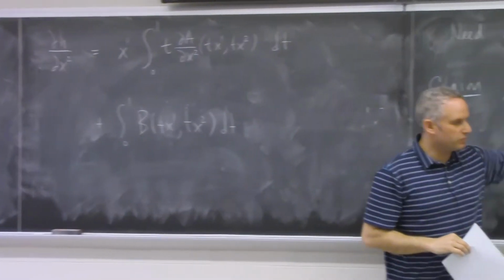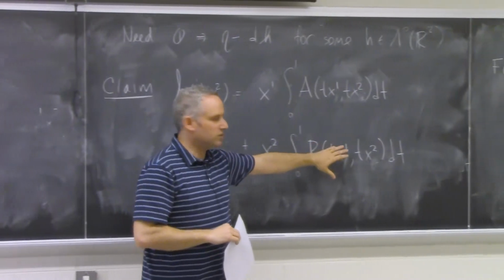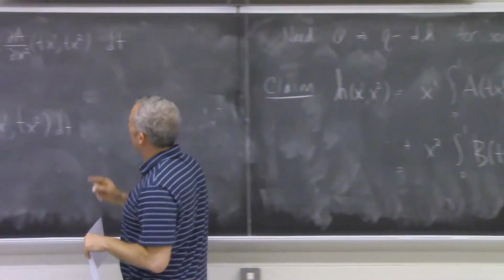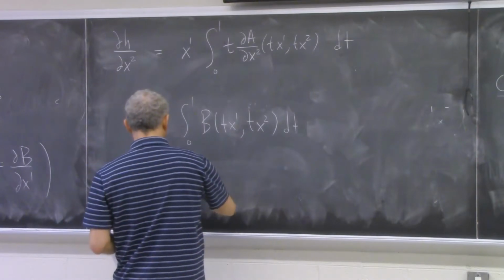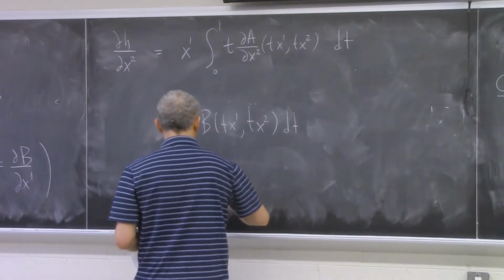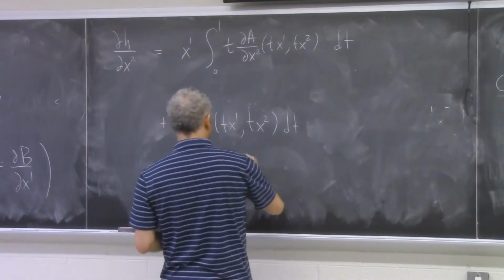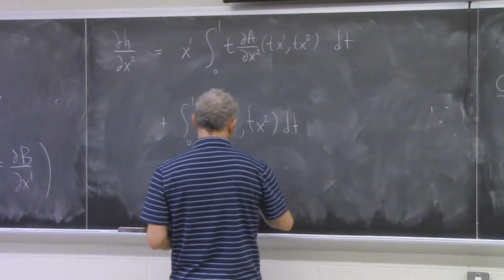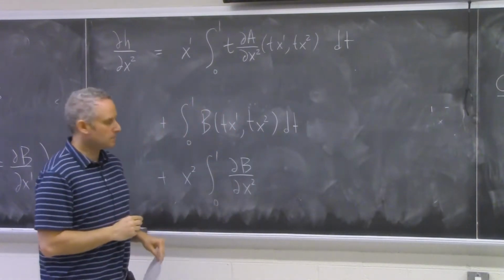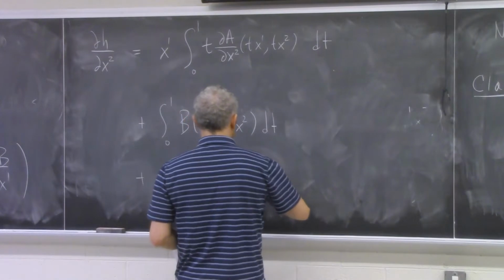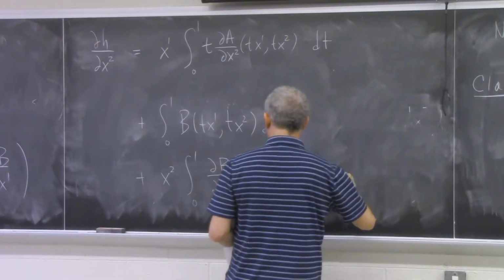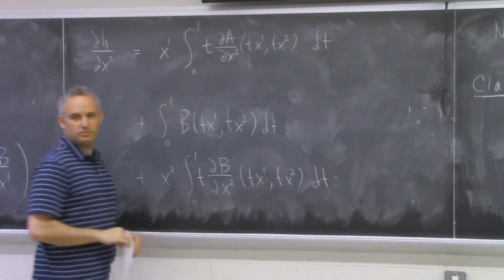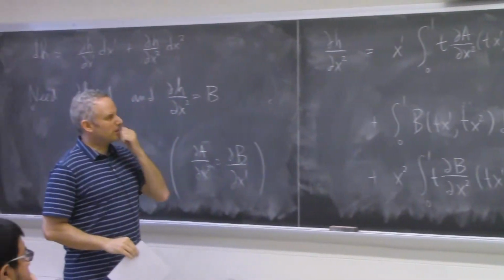So we took the derivative of this x2. And now we have the derivative of this one, which we do in the same way as before. So we have x2 on the outside now, the integral from 0 to 1, the partial derivative of b with respect to its second variable, evaluated at tx1, tx2 dt, and then we get an extra factor of t here in the derivative. OK.